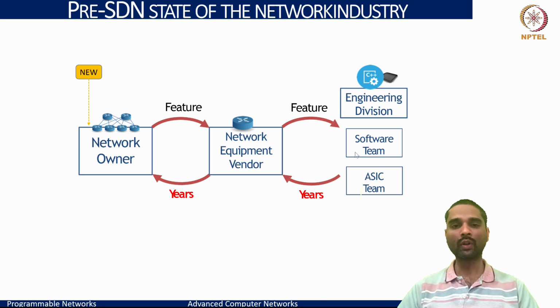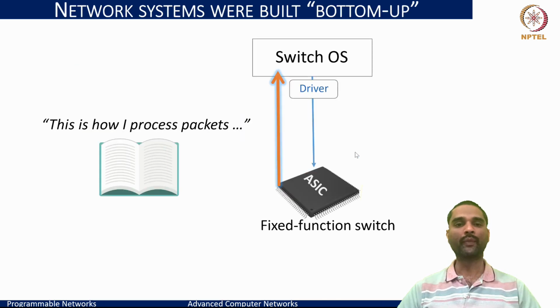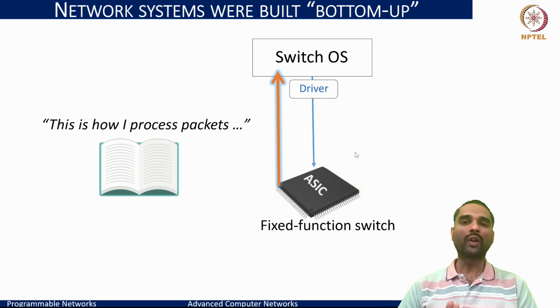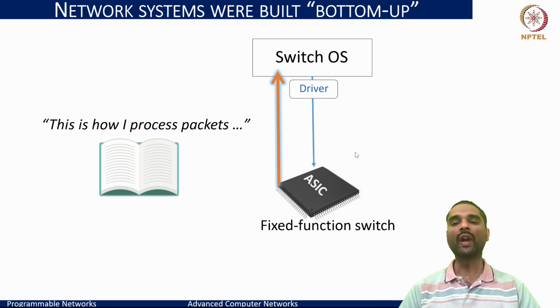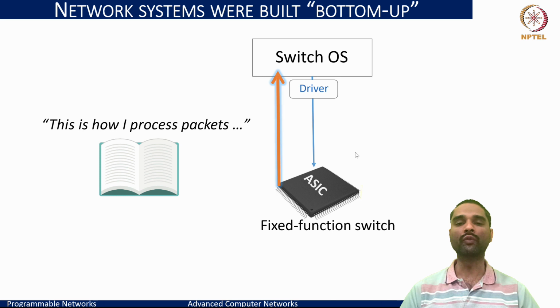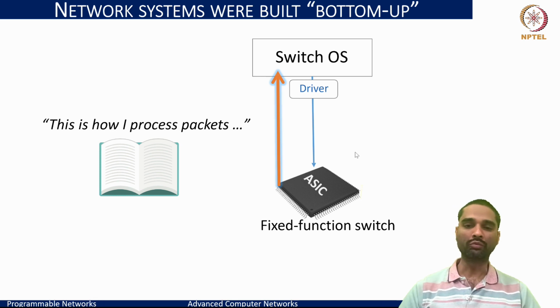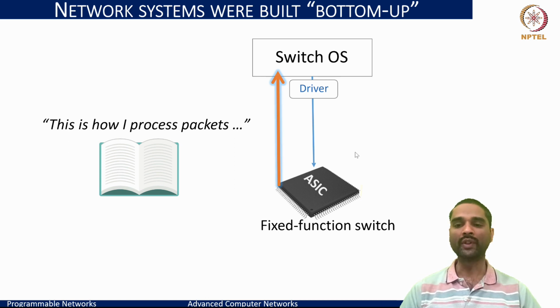So, going forward, to see what needs to be changed if we have to make these ASICs behave the way we want. To look at what really was happening, the OEMs would have the ASICs which provide fixed functionalities, and these functionalities are exported out through the switch OS, which is also again proprietary.